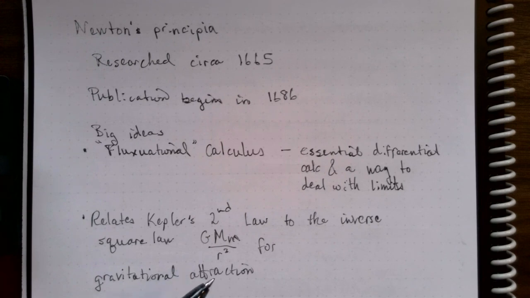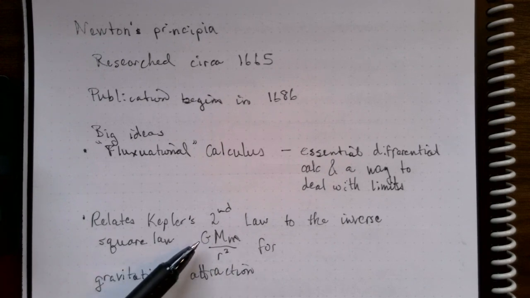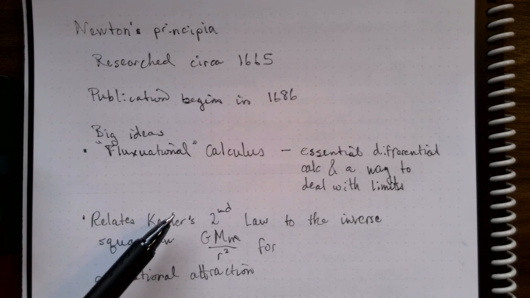So what Newton is able to show is that if this is true, then Kepler's second law, the one about equal areas swept out in equal times, has to be true.